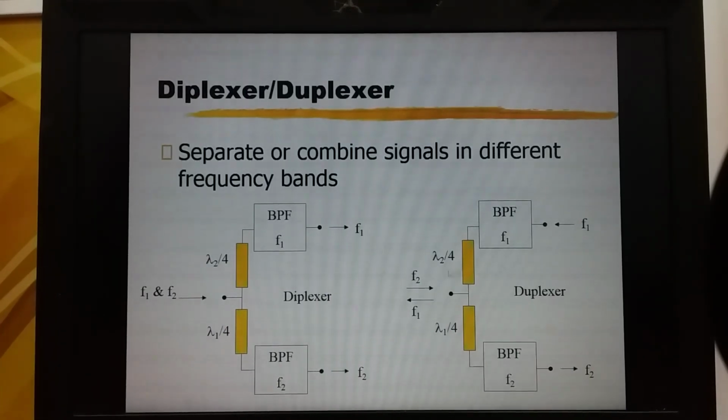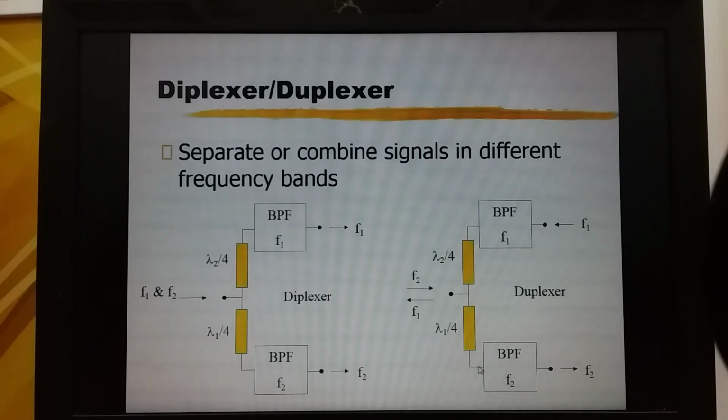Similarly, if the frequency is F1, the input impedance of the second bandpass filter will be either very high or very low depending on the design. In other words, the reflection coefficient is 0 dB at F1. Imagine if we have the equivalent of a short circuit at this point.